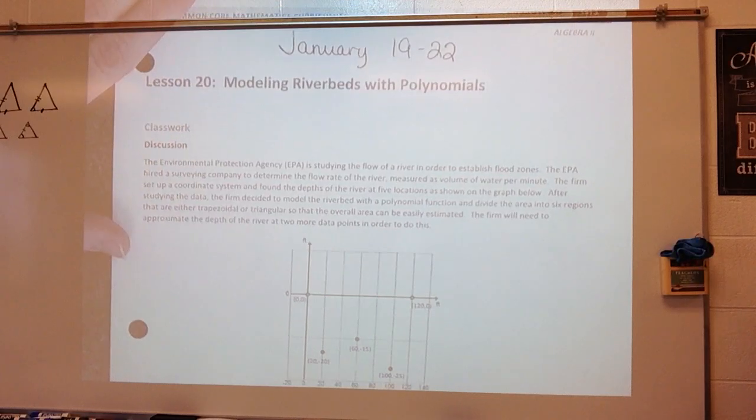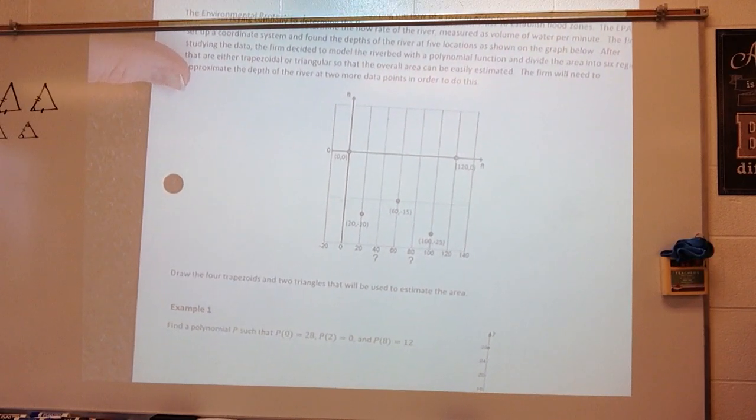Alright, so let's look at this. Here's the data that we have. So what is the goal here? Well, the goal is we need to find the flow rate of water through the riverbed. That's what they're trying to do.